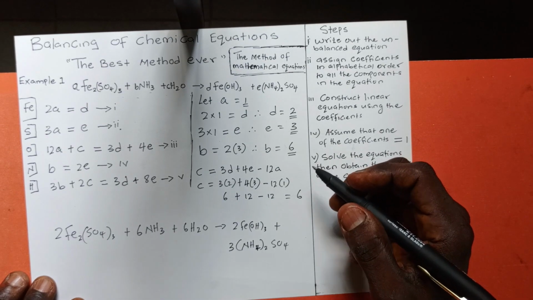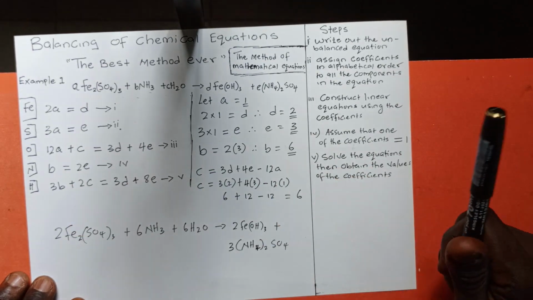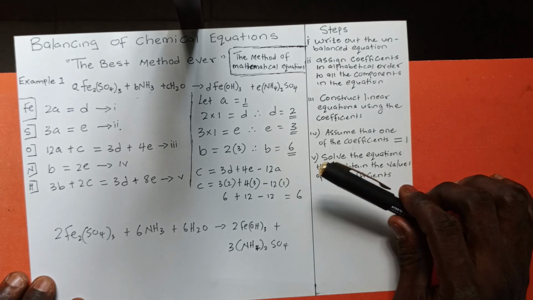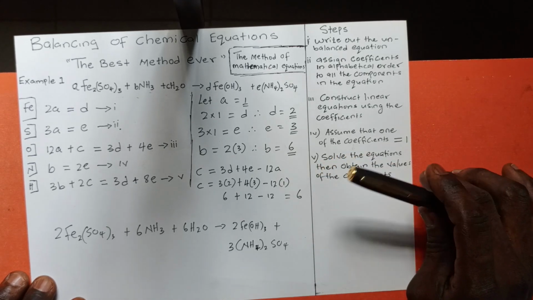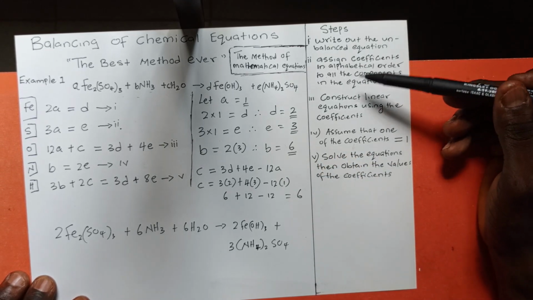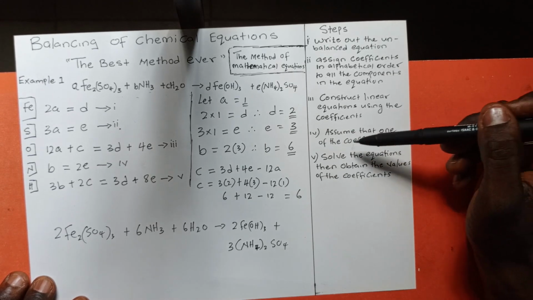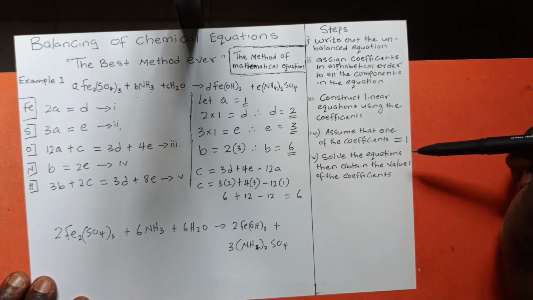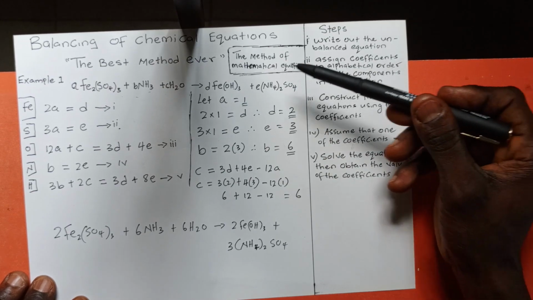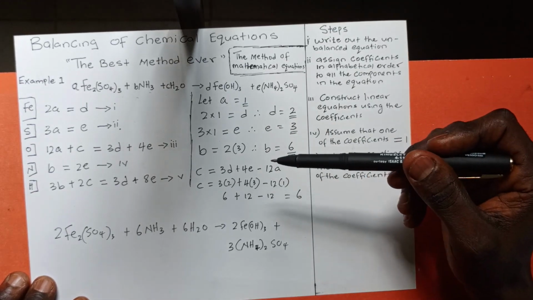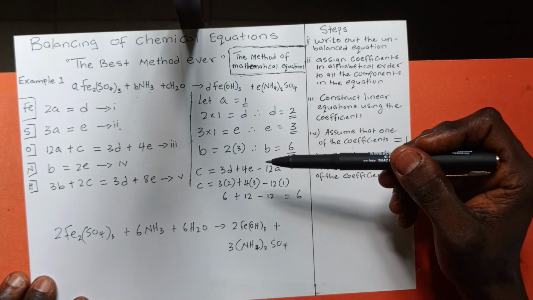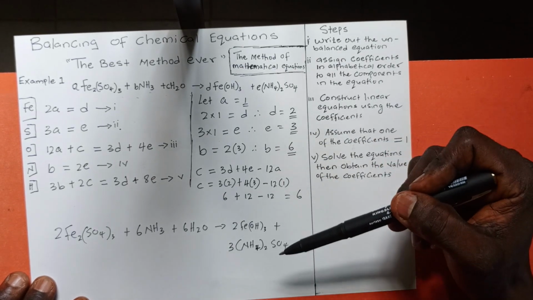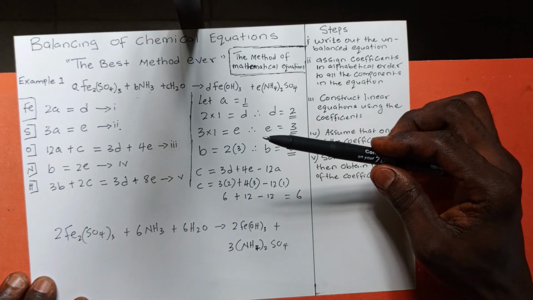You can take your time to count the number of atoms on both sides of the equation. Then you can see that the equation is balanced. We have ended up using all the steps here. Assume that one of the coefficients is equal to 1. We've done that. Solve the equations, then obtain the values of the coefficients. We have done that. So you can try this same approach using the following equations.